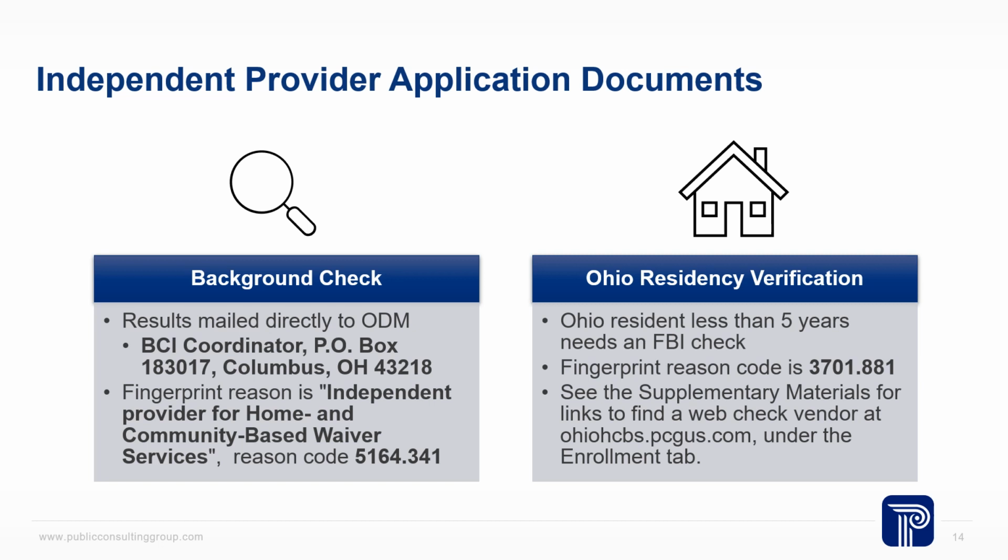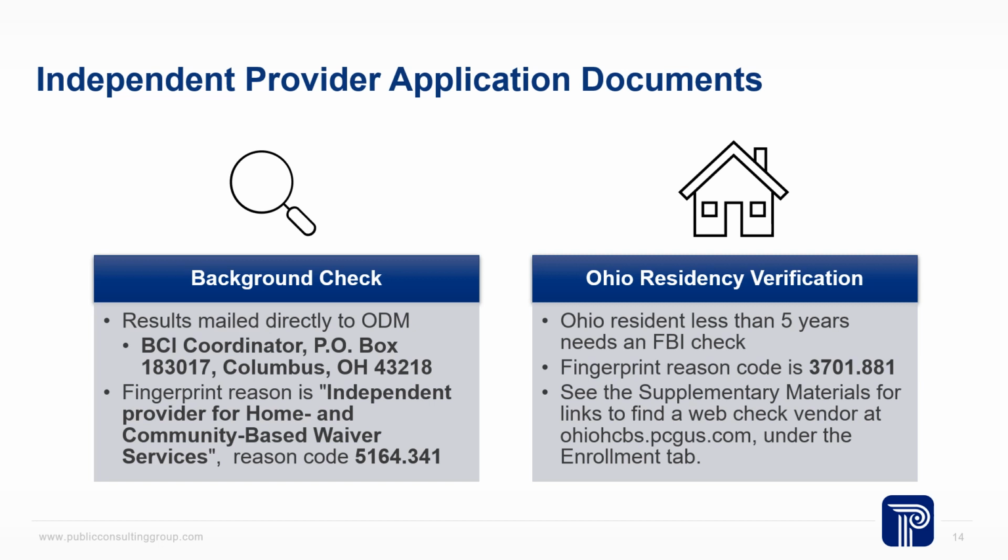A background check is required to complete your application. Please inform the web check location to have your results mailed directly to ODM at BCI Coordinator, P.O. Box 183017, Columbus, Ohio 43218.